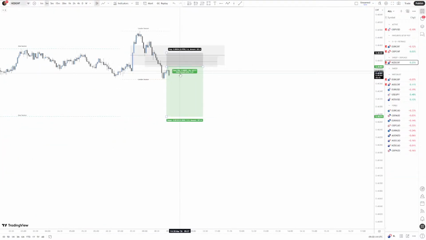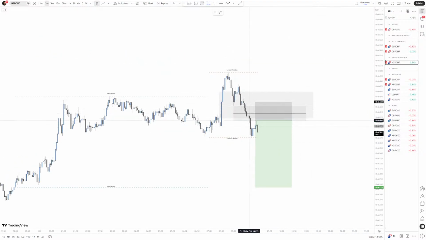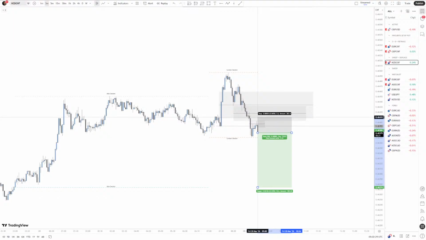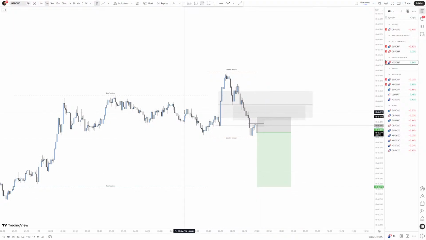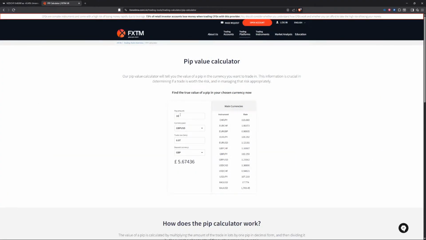So we have a displacement here and here, which looks like we're respecting. So we could even get in on something like this. Probably say like this. NZD Swiss franc. Let's do it. So I go quick.